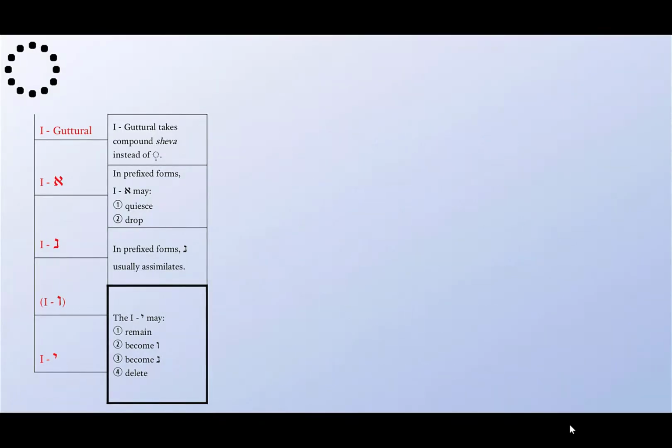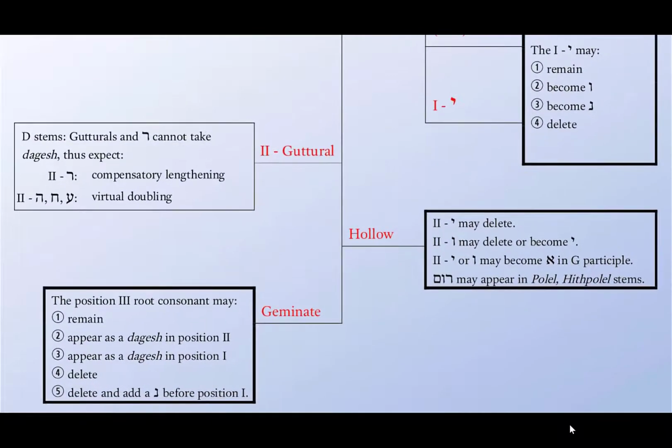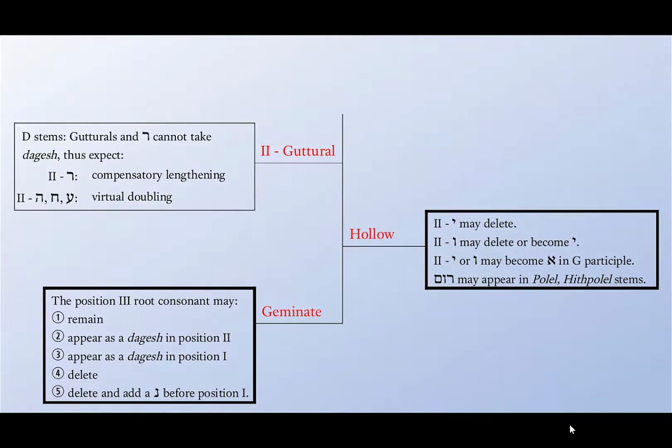So let's shift now to looking at the middle consonant, starting with two guttural. And we know that gutturals reject doubling. And so in the case where we have D stems, one of the characteristic things we see with D stems is the doubling of that middle radical. So gutturals and resh cannot take a dagesh.